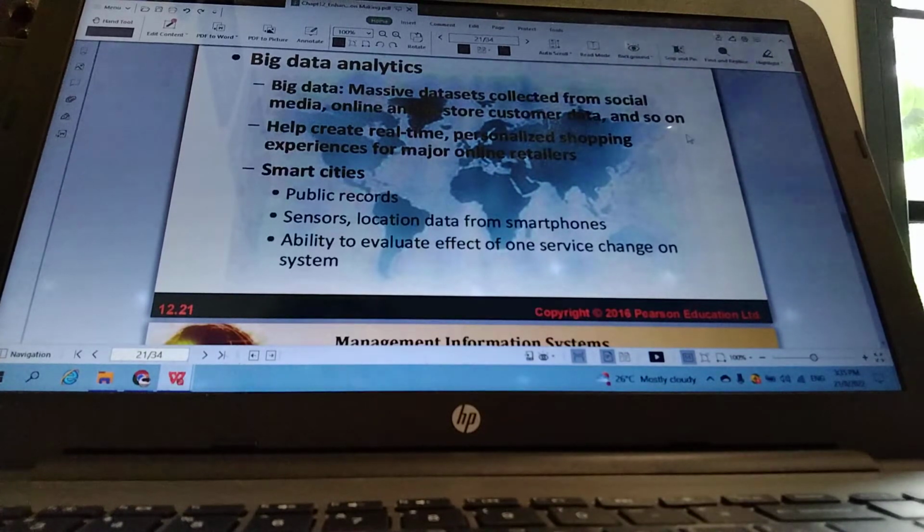Some smart cities are using this massive data collected for generating public records, for collecting and analyzing, and also for identifying or detecting using sensors, okay, or even to identify location data from smartphones.